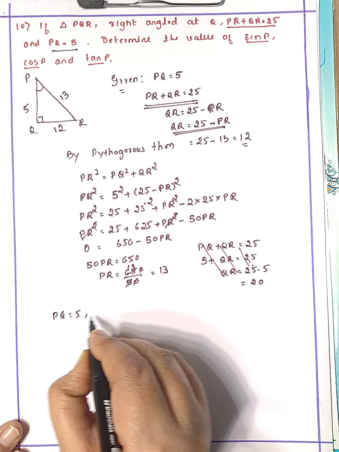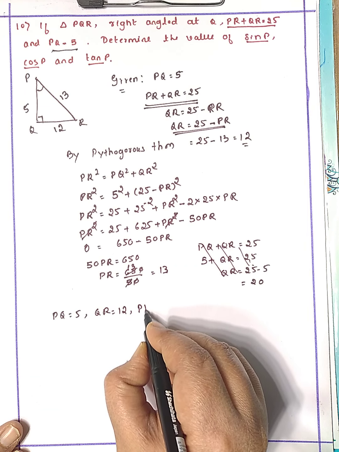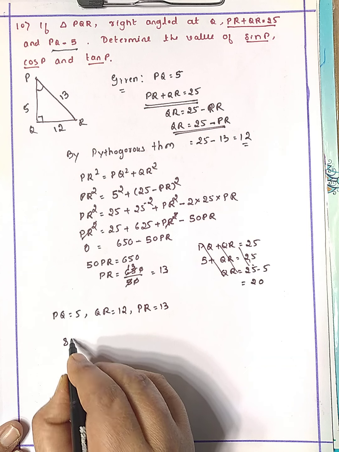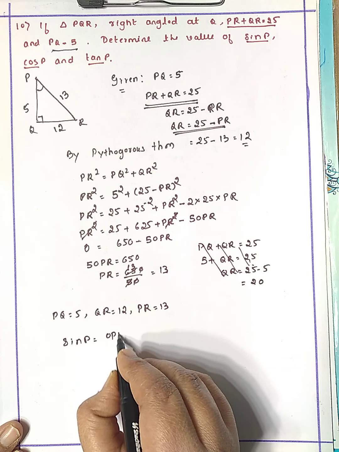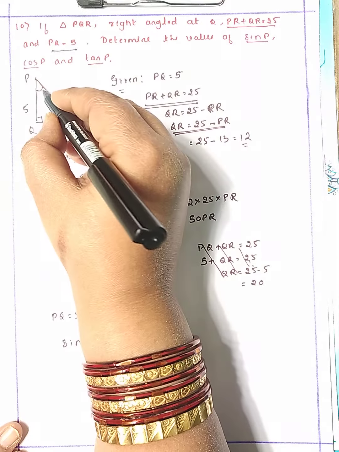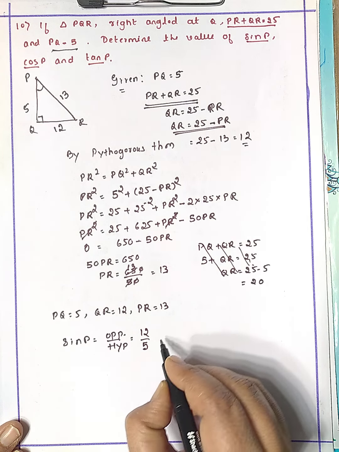PQ is 5, QR is 12 and PR is 13. So sin P is opposite by hypotenuse. For sin P, opposite is 12 by 13.